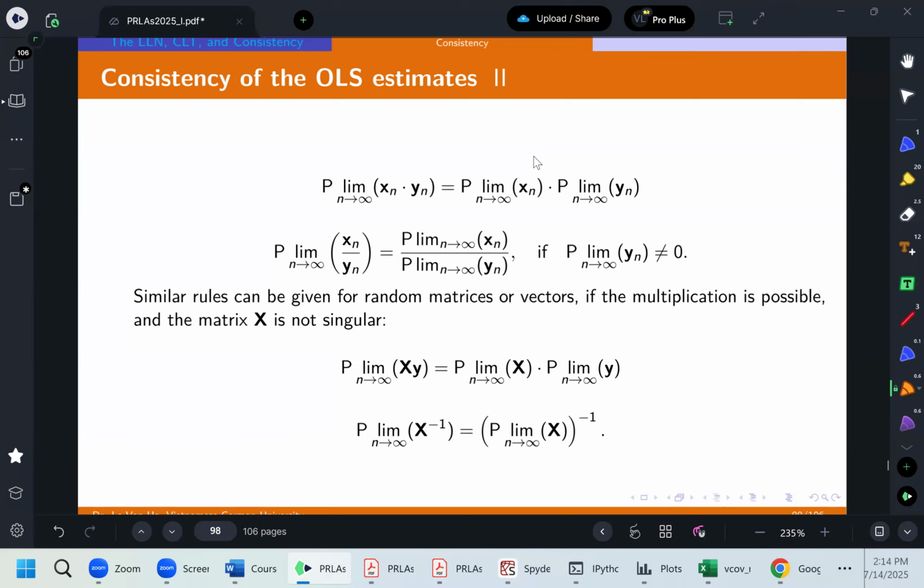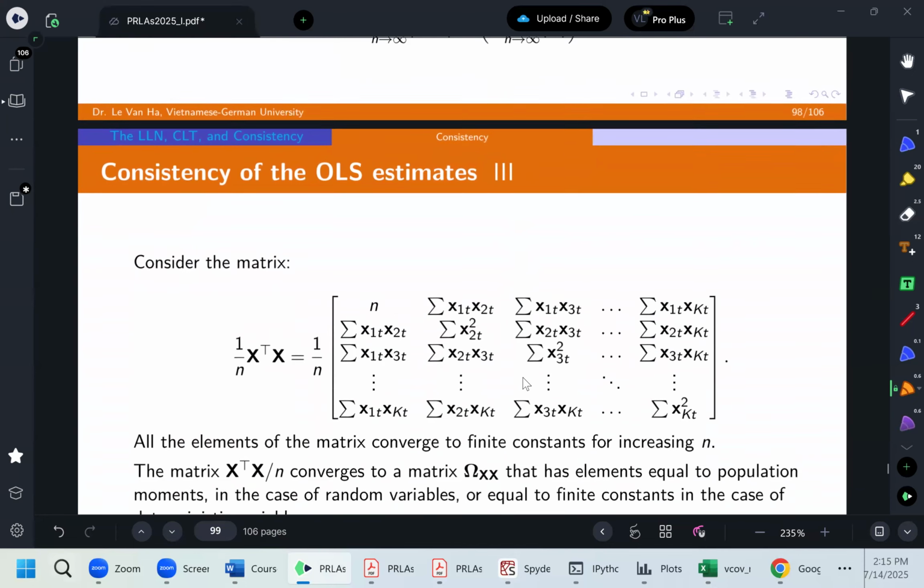And the probability limit of the inverse is equal to the inverse of the probability limit. This is very important. These are the results we said in the morning.